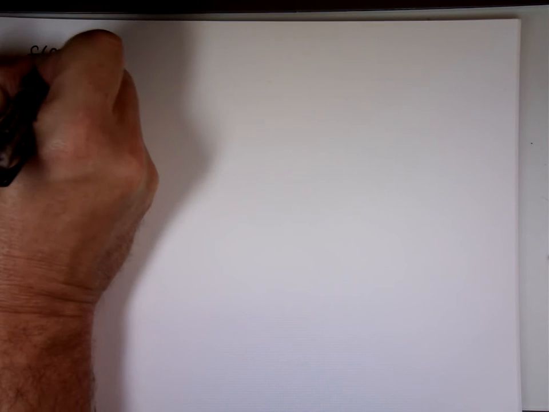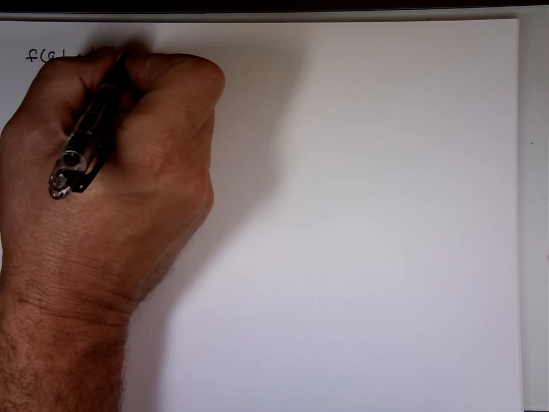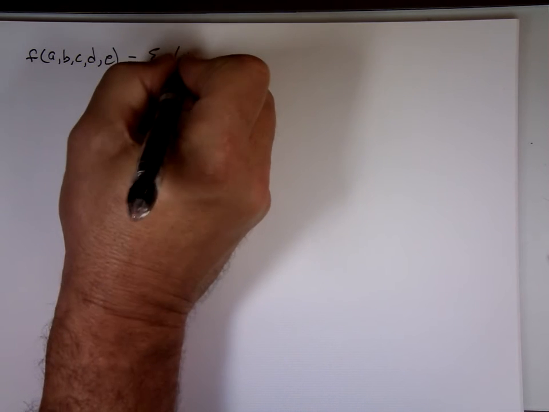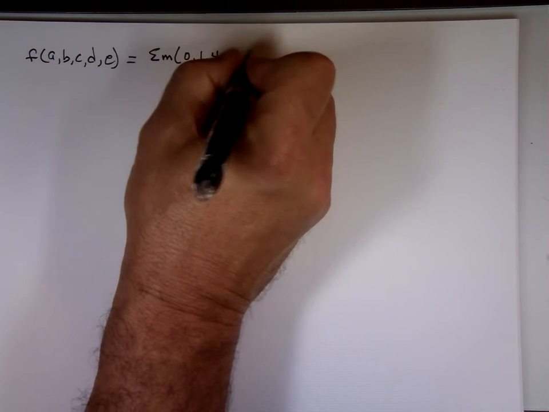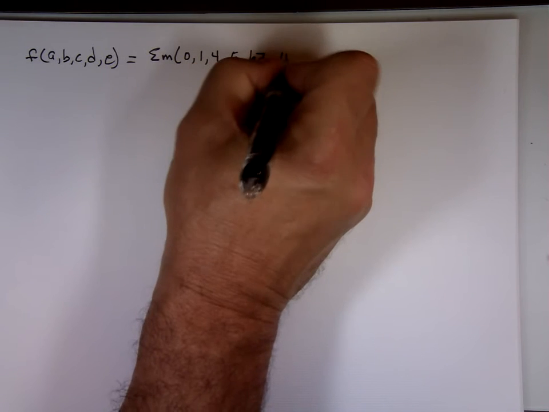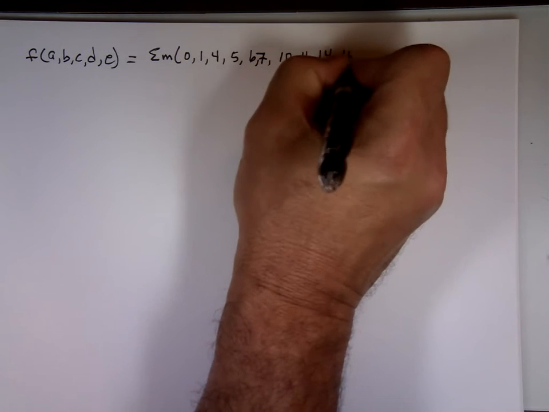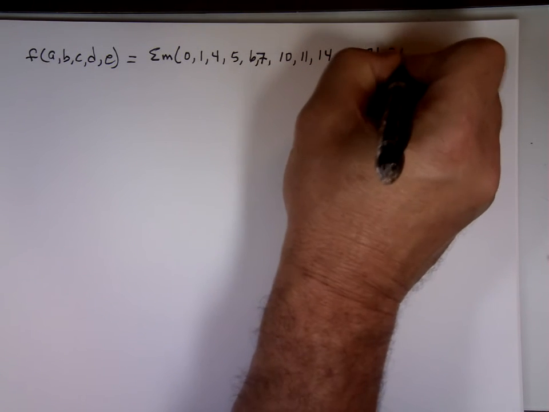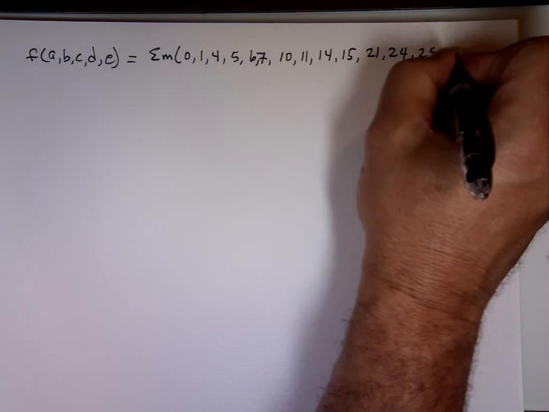F of A, B, C, D, and E equals the summation of 0, 1, 4, 5, 6, 7, 10, 11, 14, 15, 21, 24, 25, 26, and 27.